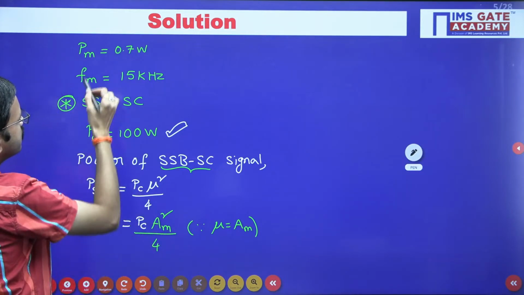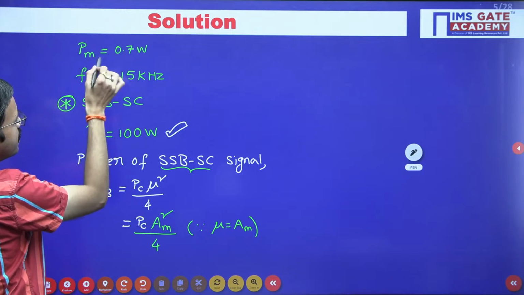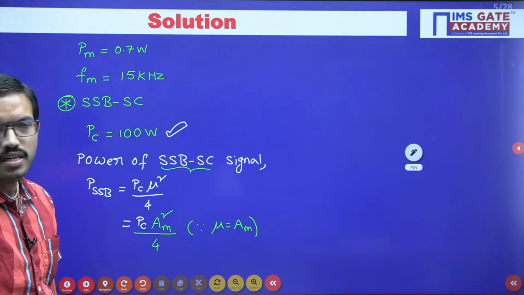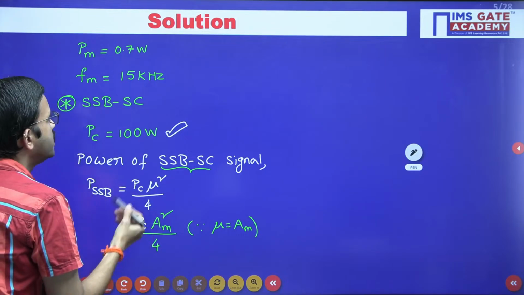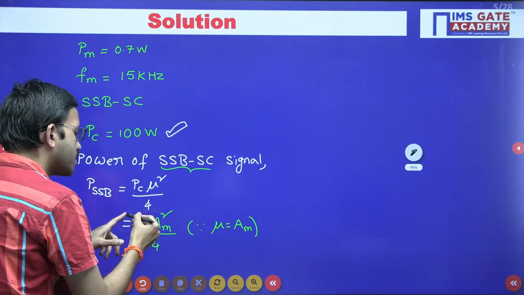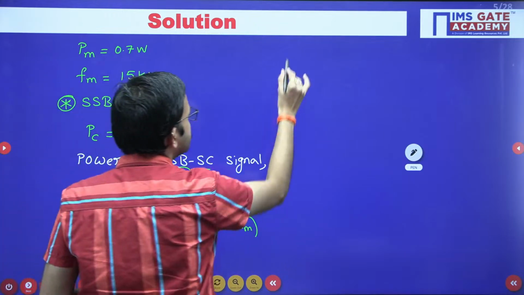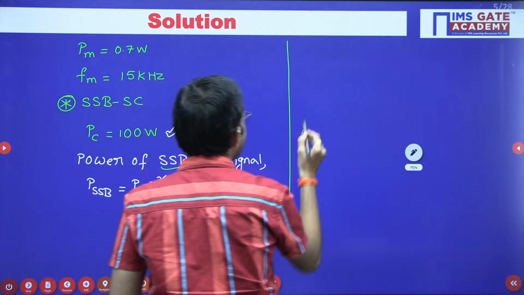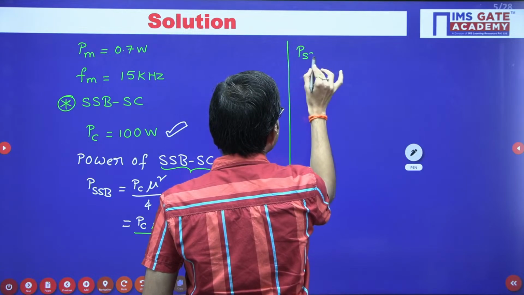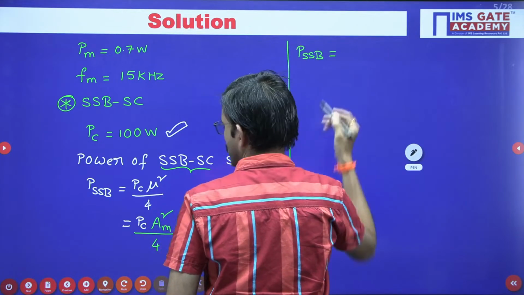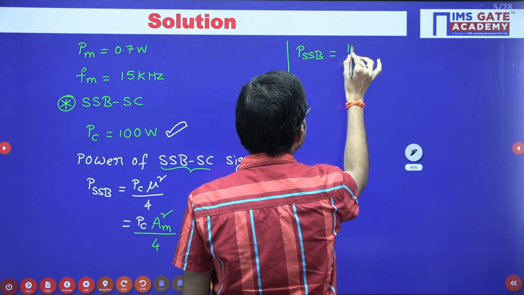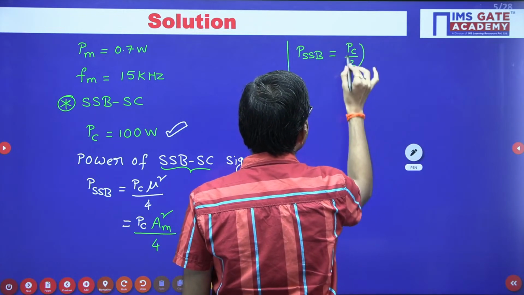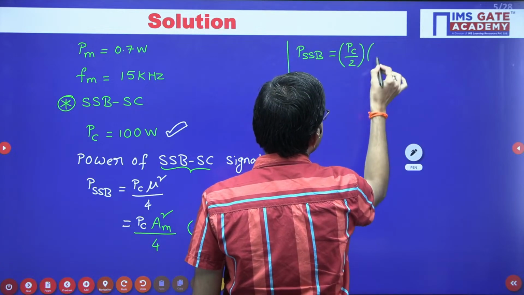But here you have the power of the message signal. Am also is not given directly, but you can represent it. Now I am modifying this equation like this. Power of the SSB-SC signal is equal to PC by 2 into Am square by 2.